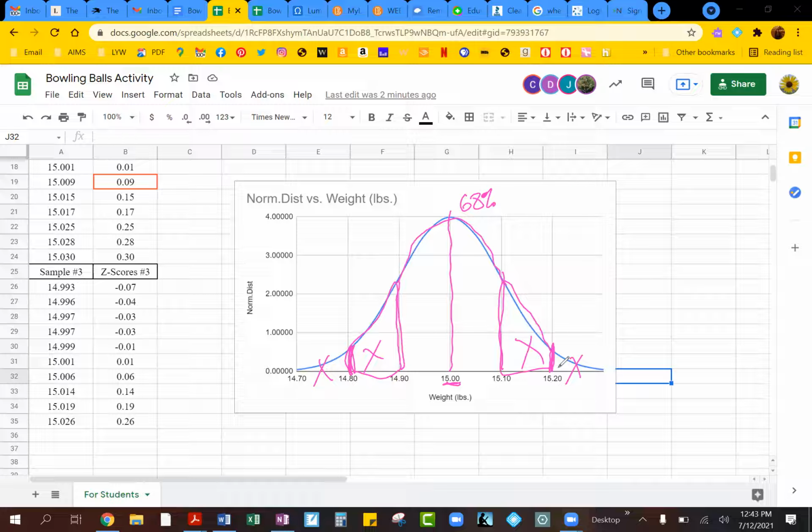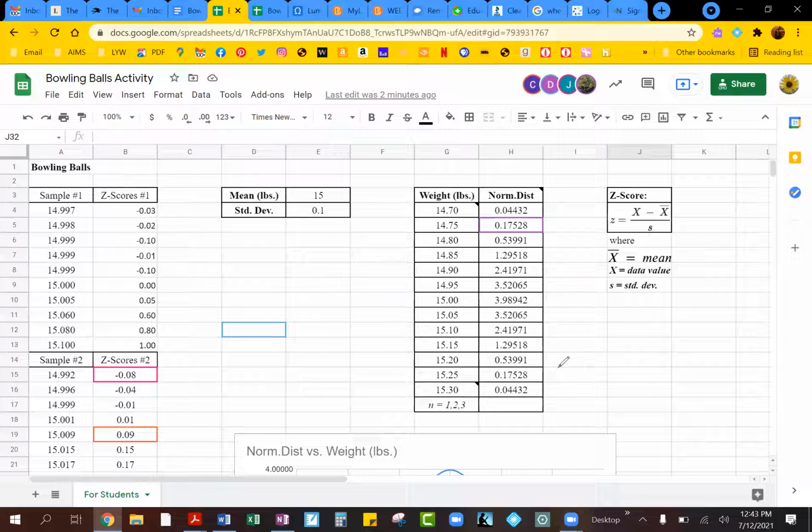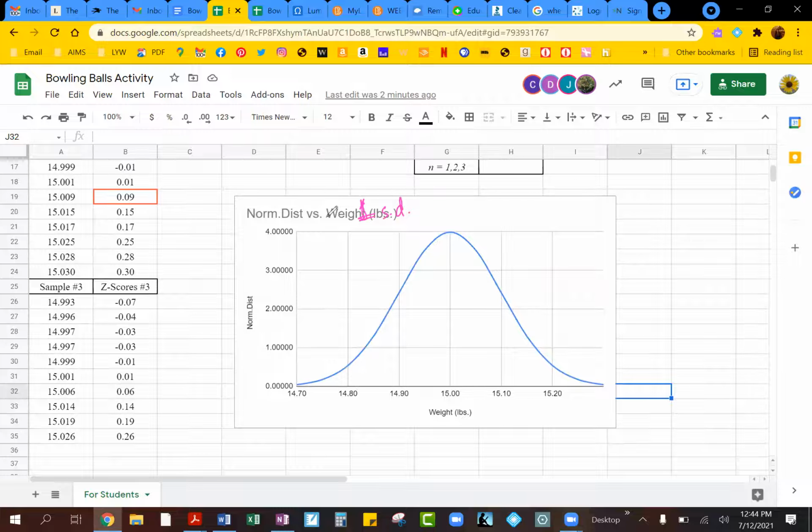Of course, you have the Z-score, which tells you if you are going to stay well within your range or not. One thing to think about is, if your standard deviation is 0.1, then this is 1 standard deviation away from the mean. That 14.9 is right over here, which is 1 standard deviation below the mean, and this is 1 standard deviation above the mean.